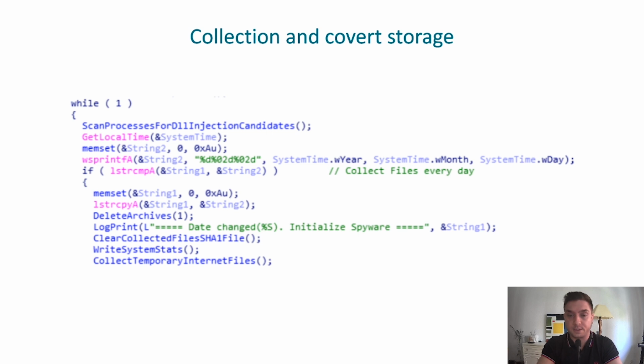Another thing that Ramsay does is that this collection activity will be performed every day. The way this is implemented is that Ramsay will store the machine's local time, and it will check in intervals whether the local time has changed, and if it has changed, it will perform all of the collection activities.